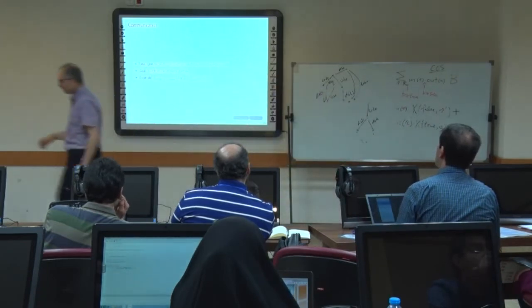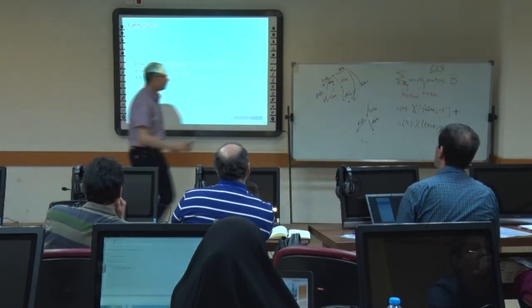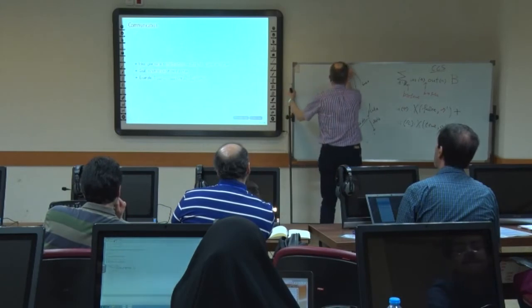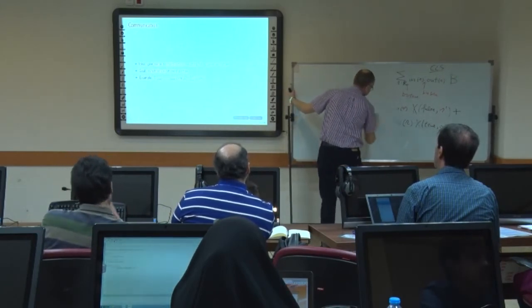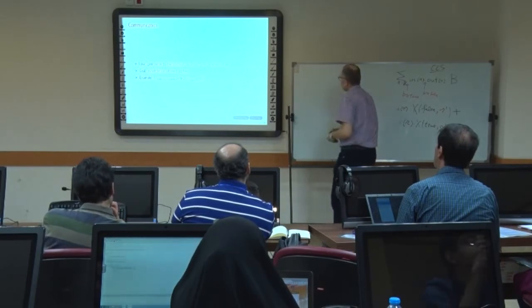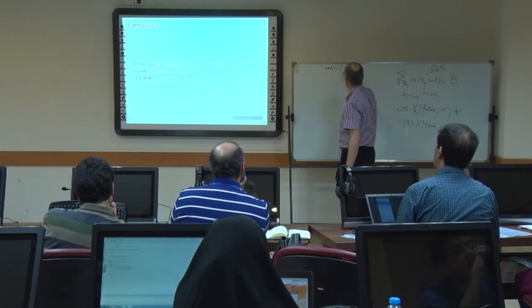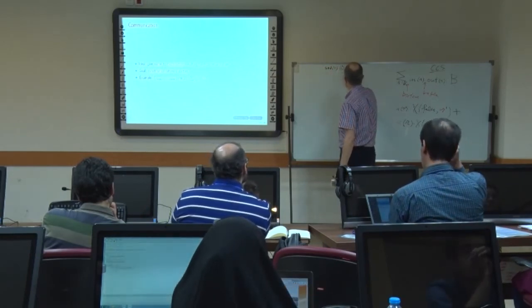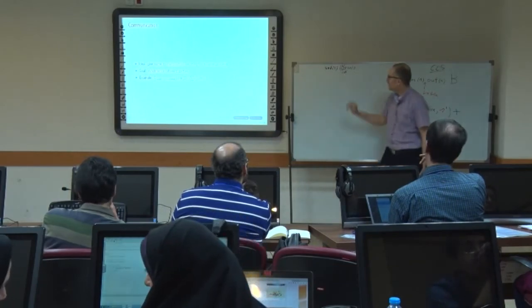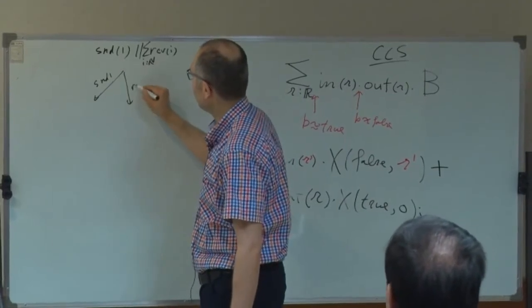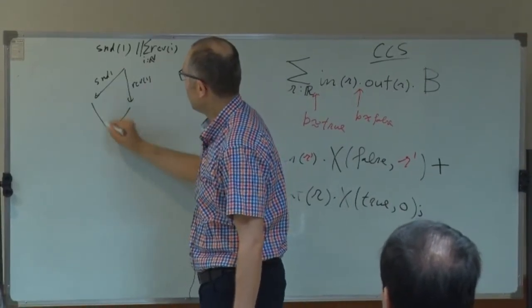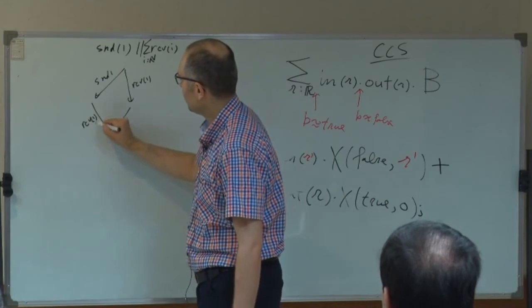Now if you look at the current structure of send 1 in parallel with receive I, it looks very chaotic. So if you draw the state space of send 1 in parallel with receive I, it can do a send 1, it can do a receive 1, and then you form a diamond here.